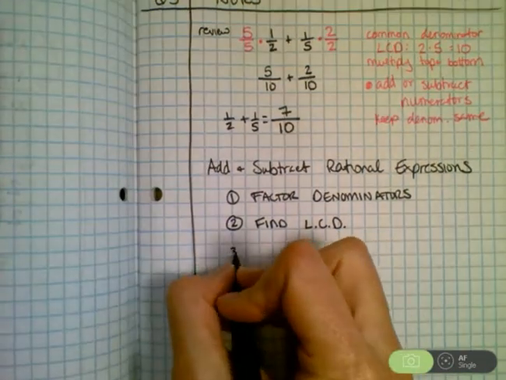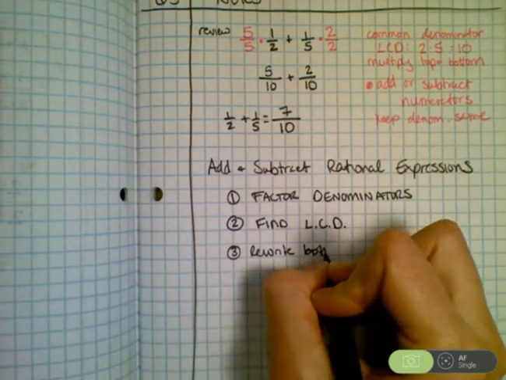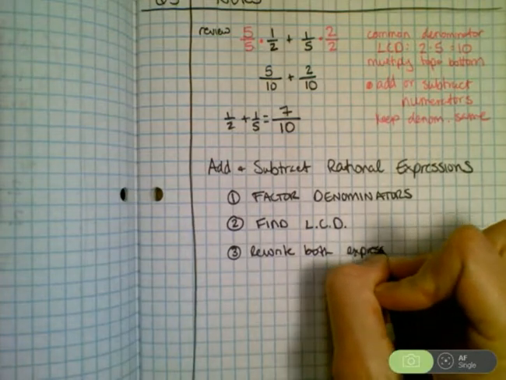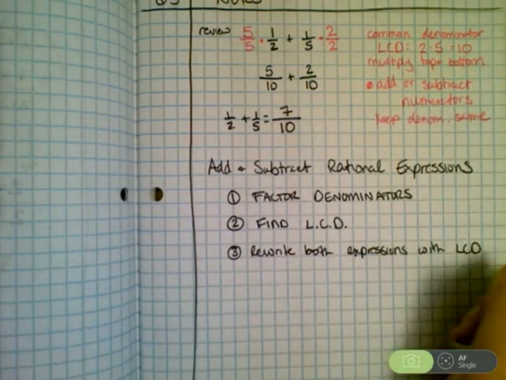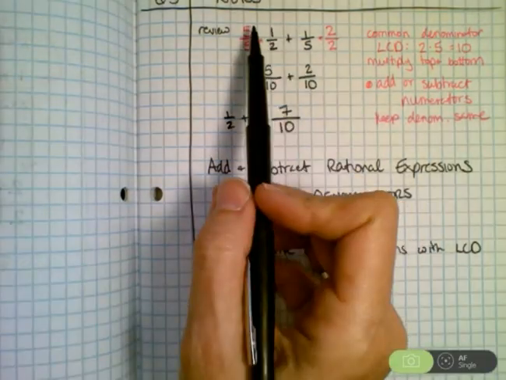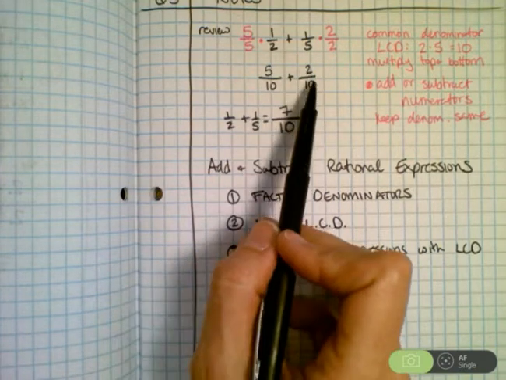Next, we rewrite both expressions with that LCD. So that's what we did up here when we multiplied, and then we changed that into 5 over 10 and 2 over 10.